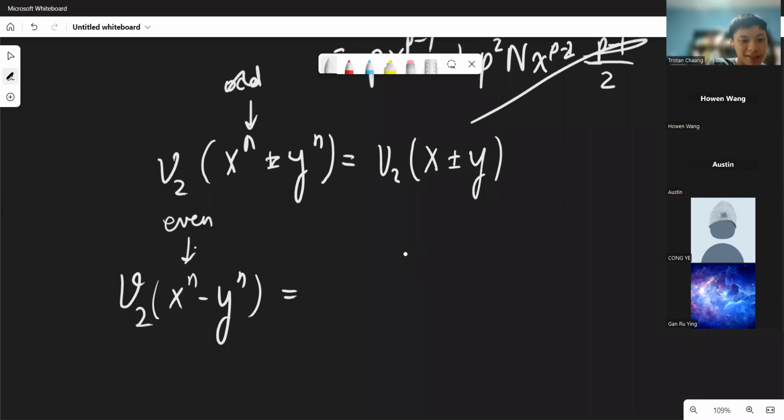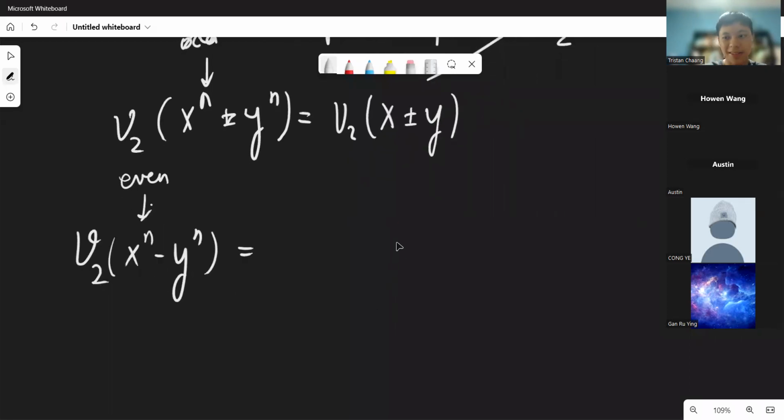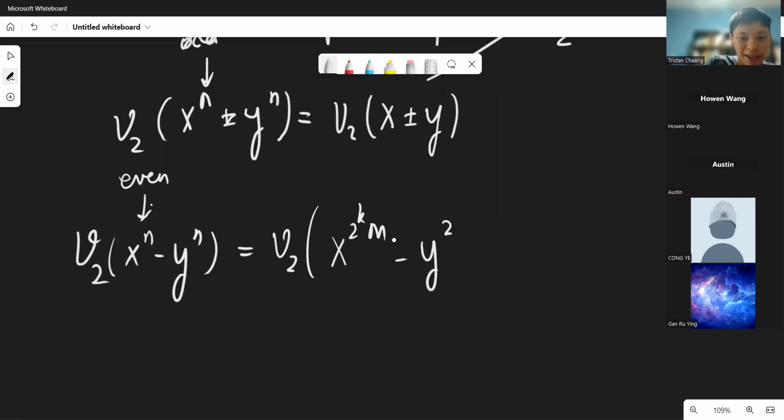So if this is even, in fact, I never remember whatever's after this. So what I do is I just literally derive it. I write n as 2 to the k times m, where m is an odd number, and then y to the 2 to the k m. But we know if we are talking about odd powers, we can just remove the odd power. So x to the 2 to the k minus y to the 2 to the k.